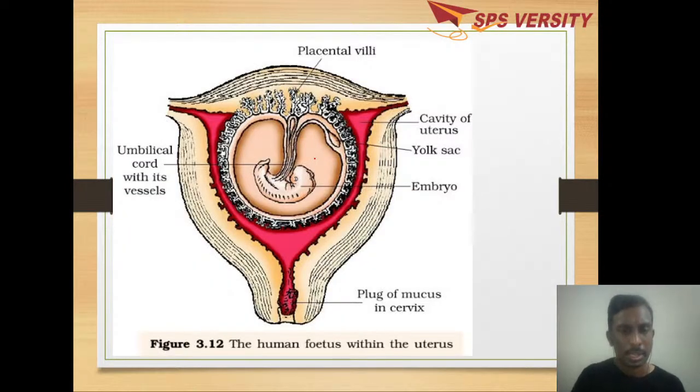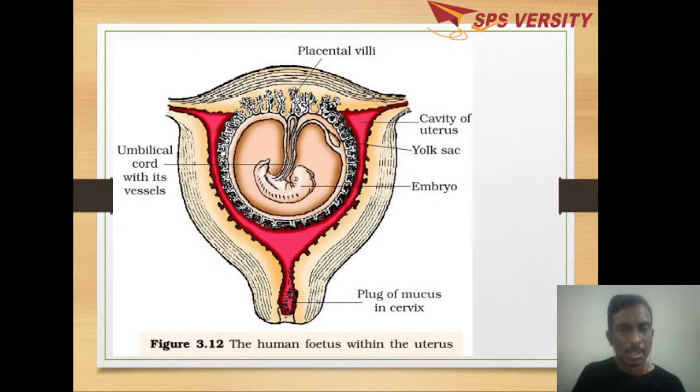Here you can see the fetal development taking place in the uterus. This is the embryo, which develops attached to the uterus.